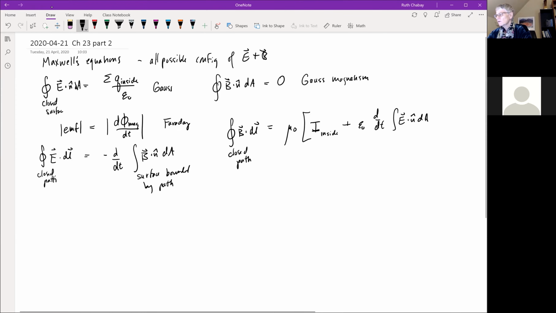So we get a time varying electric field causing or being associated with a curly magnetic field of the usual kind.